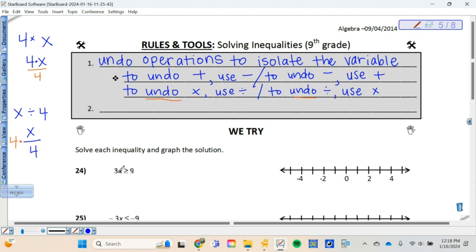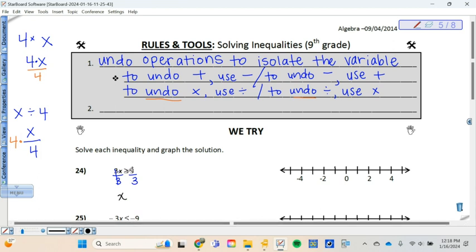Because 3x means 3 times x. So the opposite of multiplying by 3 is dividing by 3. And so I have to divide by 3, not just on the left-hand side, but on the right-hand side as well, right? So now on the left-hand side, my 3's cancel out, and we have x all by itself.